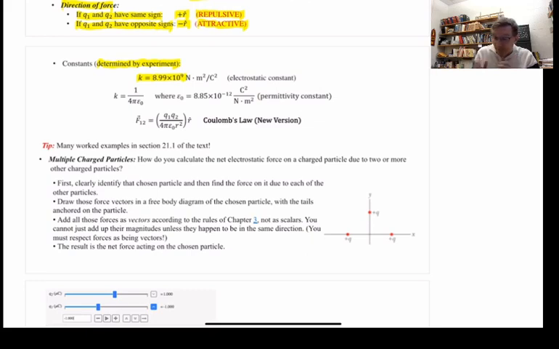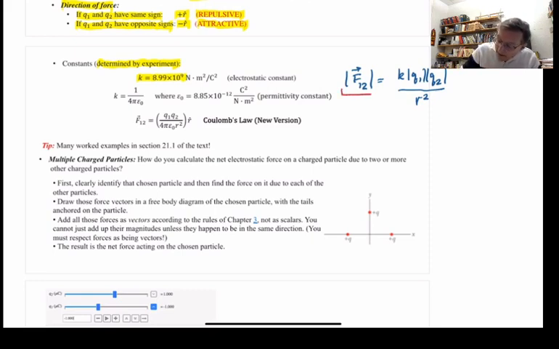Now let me talk through what the units are and why they are what they are. Let me write down the formula for the magnitude of F12 using Coulomb's law. k, magnitude Q1 times magnitude Q2 over r squared. And now let's talk about the units of all those quantities.